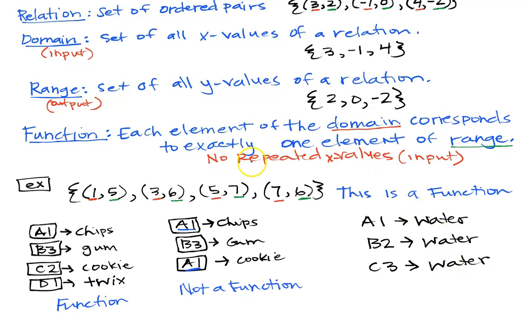But remember, our definition is we just don't want repeated x values. So our inputs, again, they're unique. So we know what we're going to get. We know any button that we push, we are going to get water. So it doesn't matter that these waters are repeating in the output. We know what's going to come out of there. Just any button we push is going to give us water. So this also would be a function.